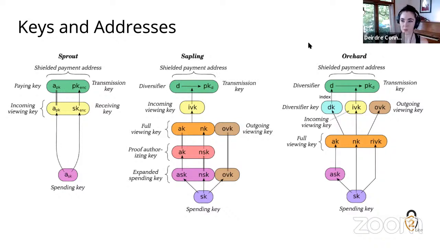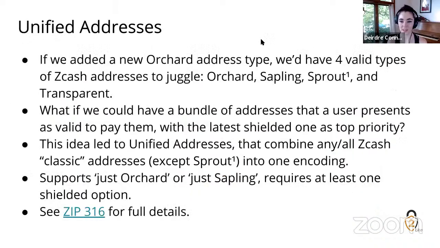So if we had just done this like we had done for each previous shielded pool, we would have a new Z address to juggle. And that would bring us up to, count them, four addresses that are technically viable on the Zcash blockchain, including transparent, Sprout, which is on its way out, but Sapling and Orchard are definitely not on their way out.